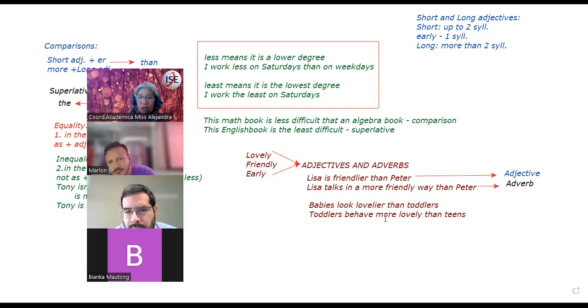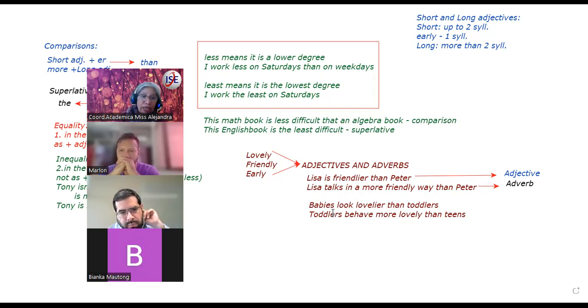Remember, toddlers are kids 3 to 6. At 6, they become children. So I'm describing how babies look, lovelier than toddlers.